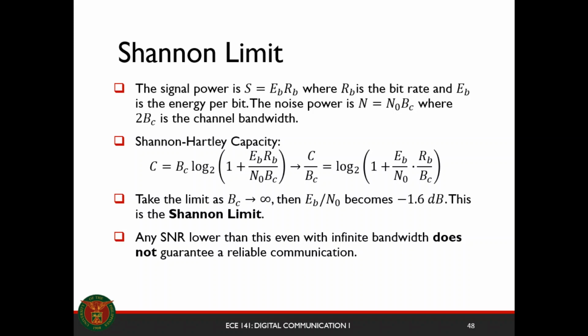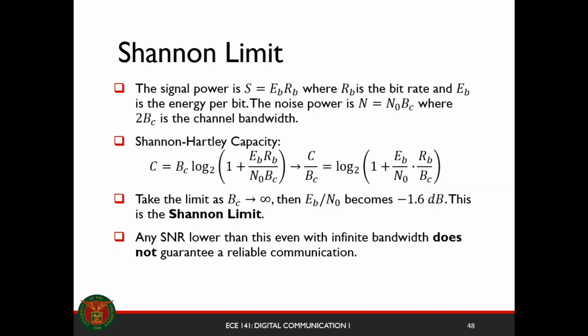So now we can get a relationship of your signal to noise ratio and your spectral efficiency. So this is SNR per bit. This is your spectral efficiency eta. You will see that if you reduce your efficiency, that means your bandwidth becomes infinity, and at constant data rate, Eb over N naught will be limited to negative 1.6 decibels.